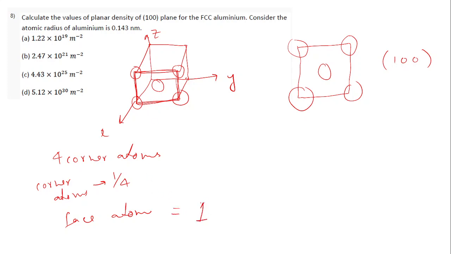The face atom we have is 1, and it's contributing completely. And the area of the 100 plane is a times a, that is a square. So the total contribution will be 4 times 1 by 4 from the corner atoms, plus this 1 which is completely lying on this plane.